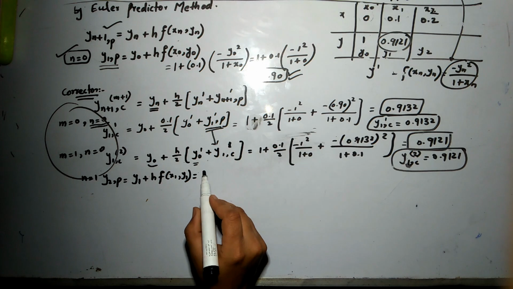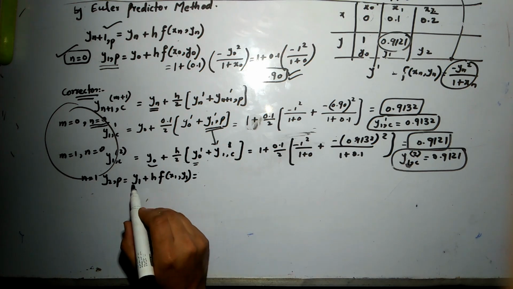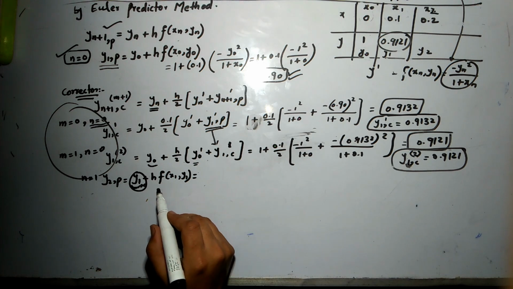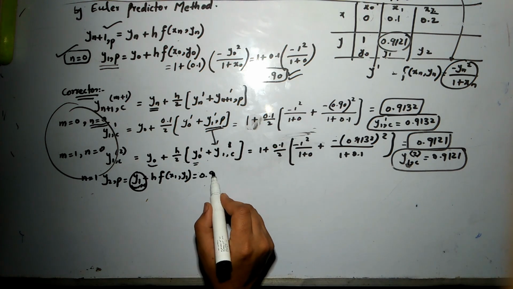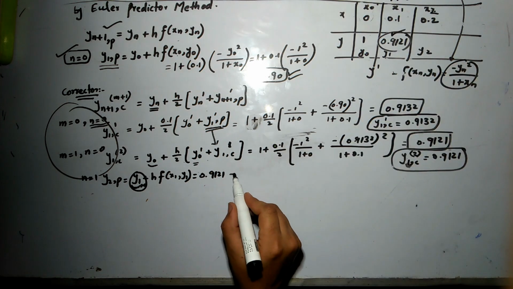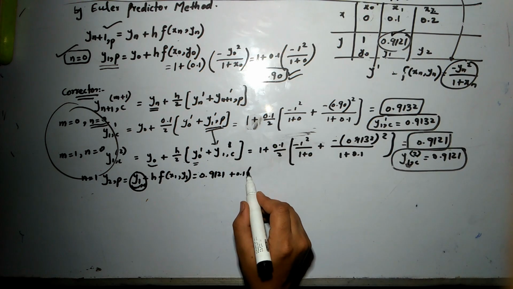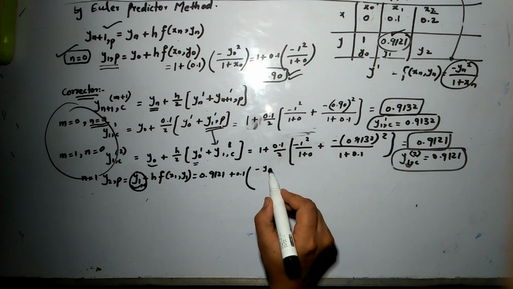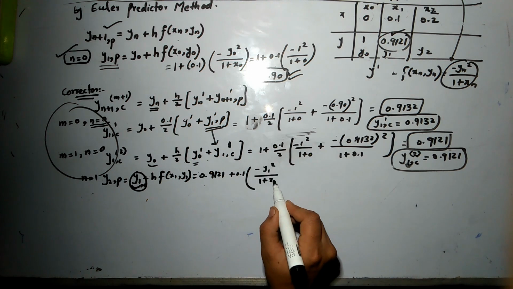Here we will put y of 1 c, so this will be equal to 0.9121, because this is our final value, plus h is equal to 0.1 times minus y1 squared over 1 plus x1.